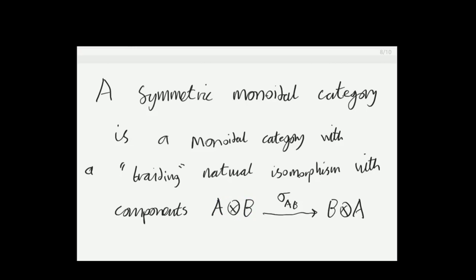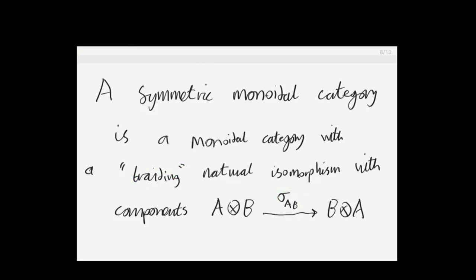To be more precise, for any pair of objects A and B, we have an arrow, sometimes called a braiding, swapping or switching arrow, which goes from A tensor B to B tensor A. Such a thing has to be an isomorphism, and the collection of all such arrows has to form a natural transformation. So basically we have this braiding natural isomorphism.